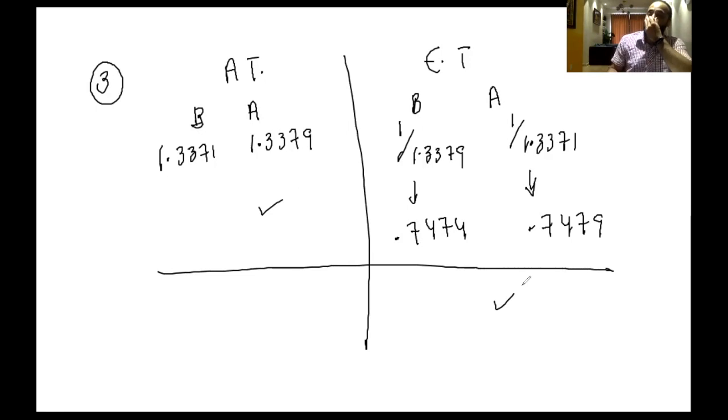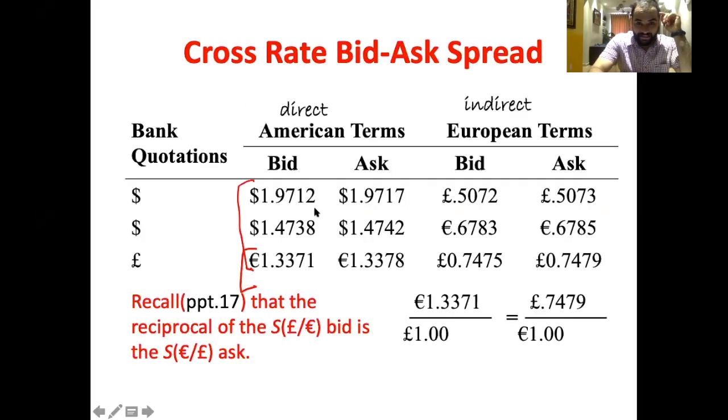So remember, in your exams or your assignments or anything, I can ask you to complete the table. You will complete your table in this sense. So this information is given using dollar quotations, and this information is given using euro quotations, direct for one and indirect for the others.